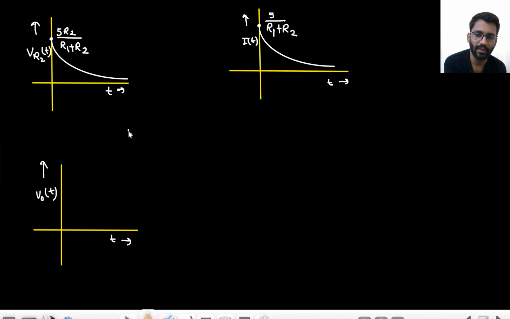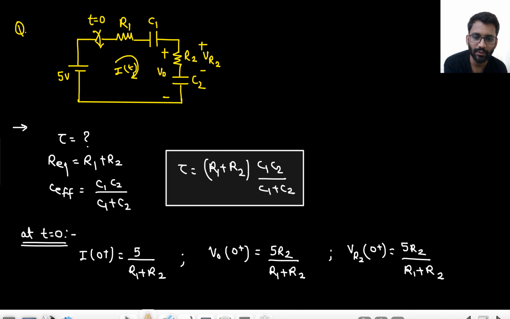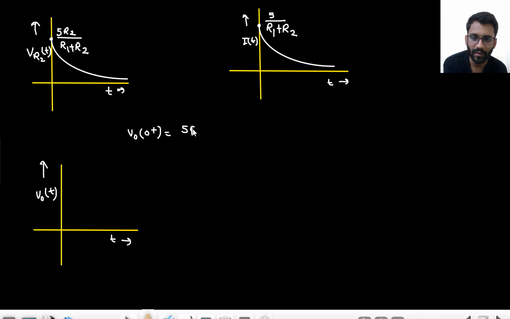So let's see. V naught at t equals 0 plus is what? At t equals 0, it is not C1. It is 5 R2 upon R1 plus R2. And what is the V naught value at t goes to infinity? That is 5 C1 upon C1 plus C2.